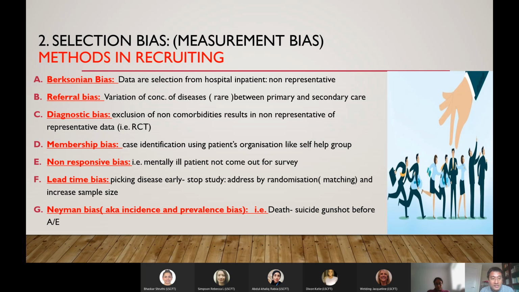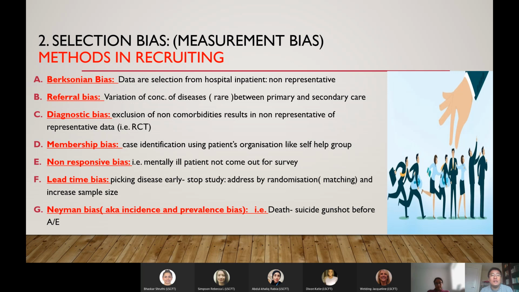And Neyman bias is about incidence, death and suicide. For example, if you want to find out about gunshot injuries, but the people died before coming to the hospital, those data might not be recorded. So this is called Neyman's bias. Of these, the common MCQs that always come: they will ask which one of these is a selection bias, so always remember there are 7. If they ask about hospital, which bias is it?